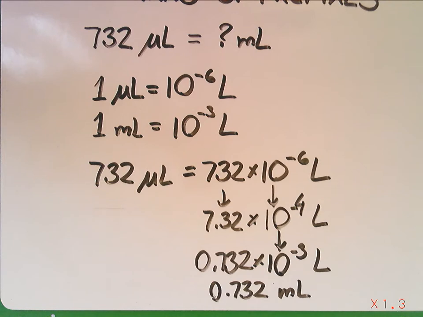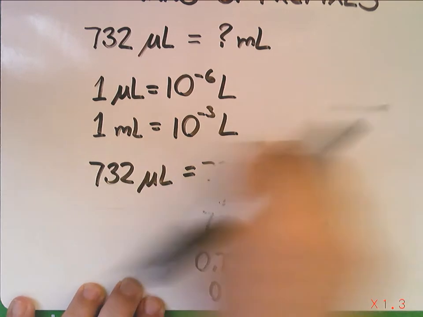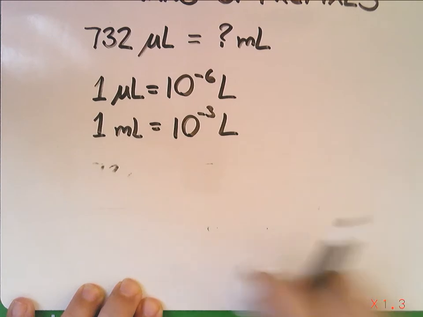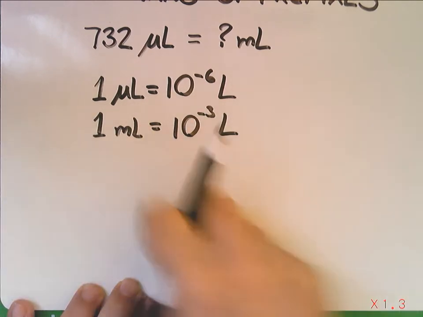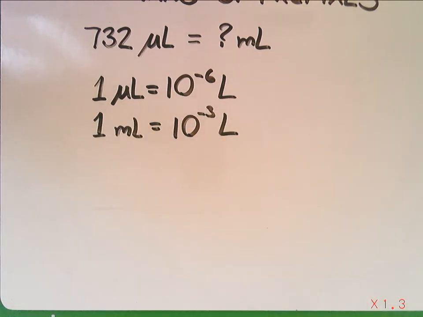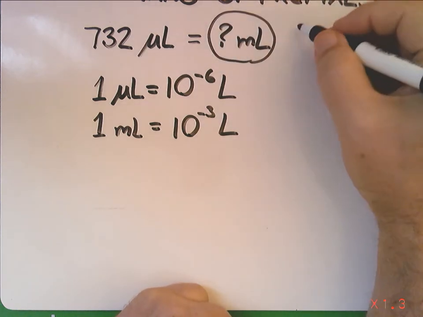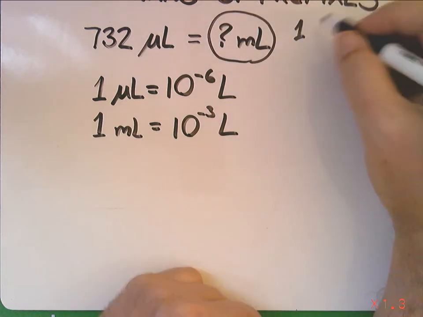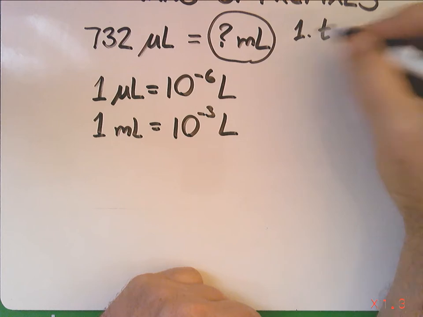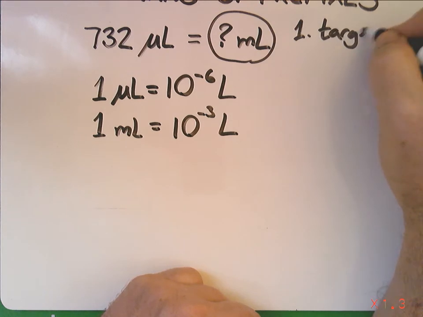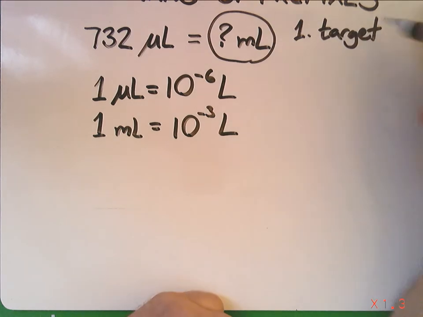There's an easier way to do it if I think about it. How about this? First thing I do is write down what I want. Let's call that the target. That's the unknown. That's the thing I'm trying to find. I'm trying to find milliliters.